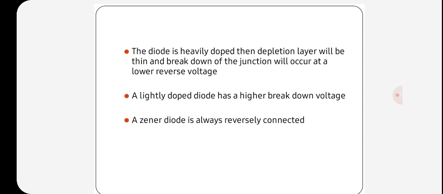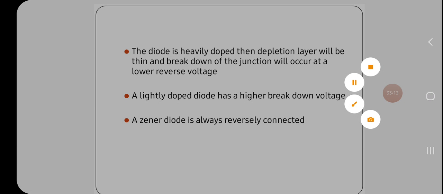If the diode is heavily doped, Zener breakdown occurs at low reverse voltage. On the other hand, if the diode is lightly doped, the Zener breakdown occurs at high reverse voltage. Zener diodes are available with Zener voltages in the range of 1.8 volts to 400 volts.